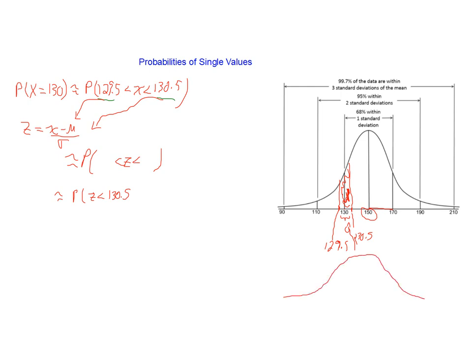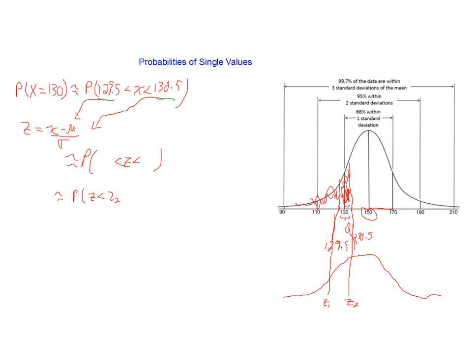We find the equivalent z values here; let's call this z1 and call this z2. Then we want the probability that z is less than z2, because we want this probability here, minus this probability in here.